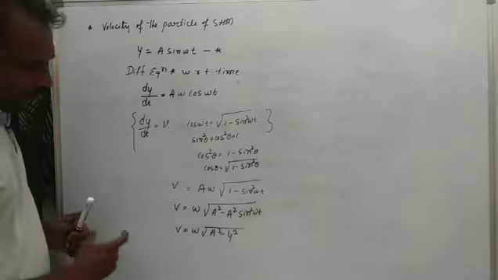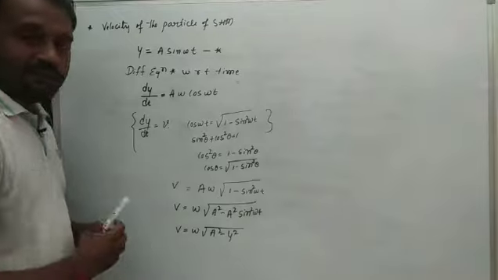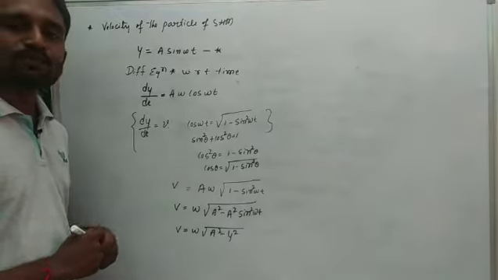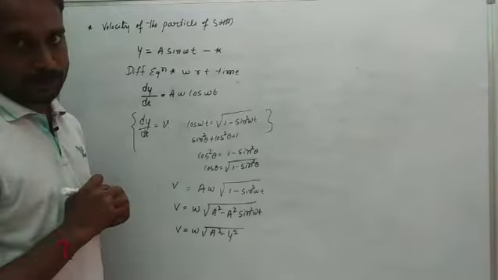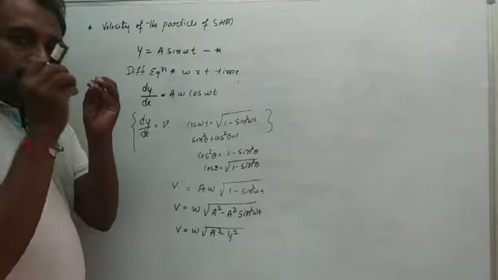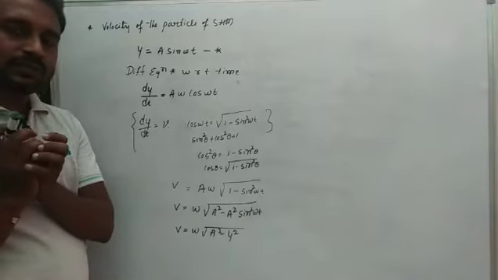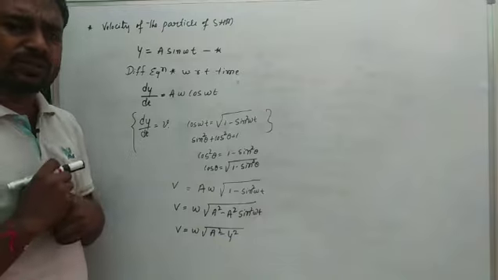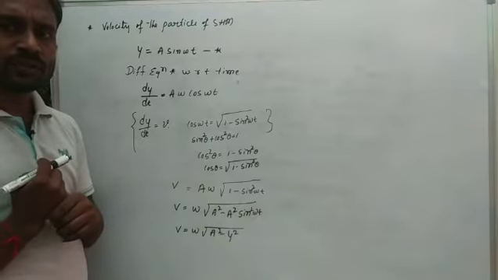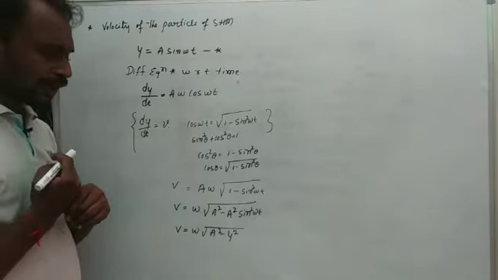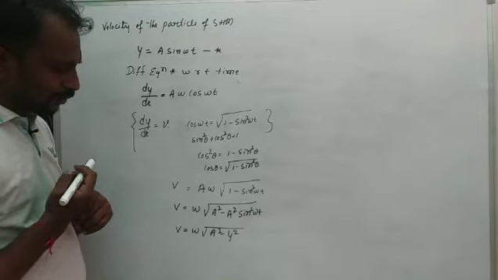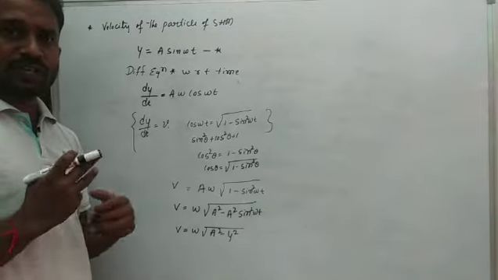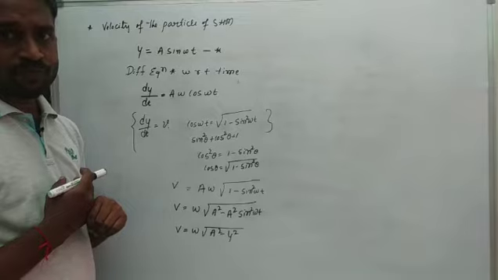This equation is the velocity of a simple harmonic motion. Suppose the particle is at the mean position. Then displacement is 0, and velocity is also 0.